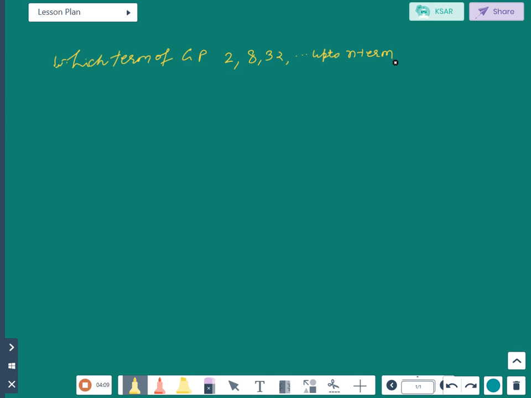is 131072. This is the question: which term of the GP up to n terms is this, meaning the an, the last term, which is given as 131072, and a which is given as 2, and the common ratio you will calculate, that is 4.